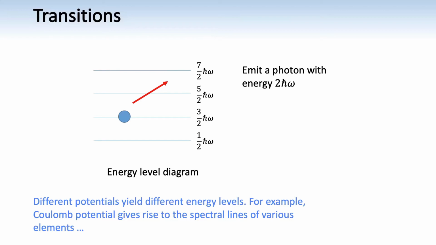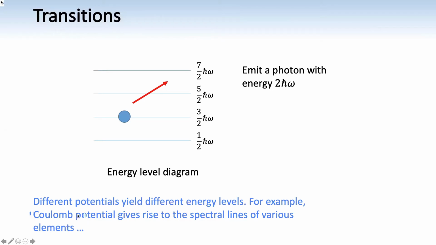And one of the first successes of quantum physics, which was actually performed, the calculation was performed by Schrödinger in January of 1926, gave the energy levels of the hydrogen atom. Okay, so the first thing that Schrödinger did when he discovered his equation was to apply it to hydrogen atom, which is the simplest kind of atom with a Coulomb potential, and he could solve the equation.